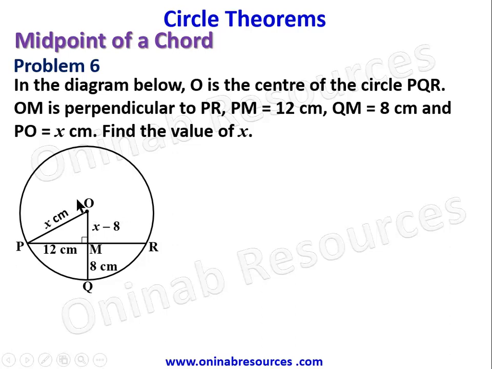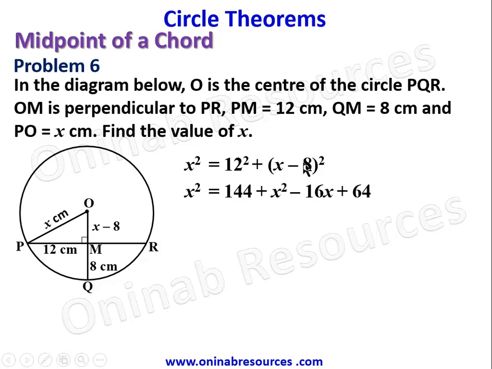Now from triangle POM, we can use Pythagoras theorem. This is the hypotenuse. We have x squared is equal to 12 squared plus (x minus 8) squared. We expand. So this is 144 plus x squared minus 16x plus 64.